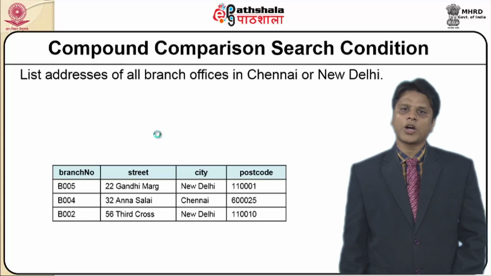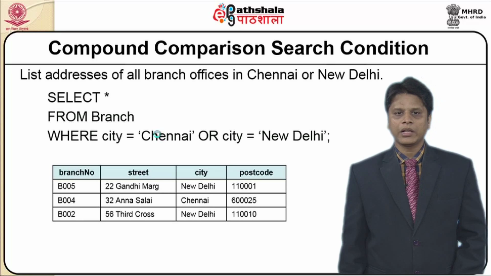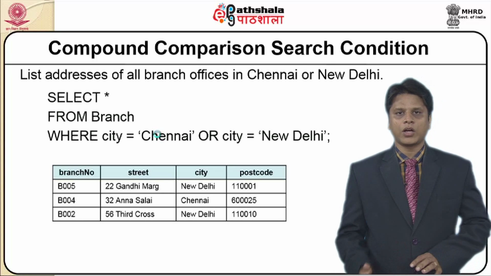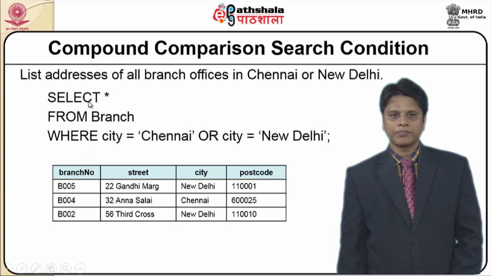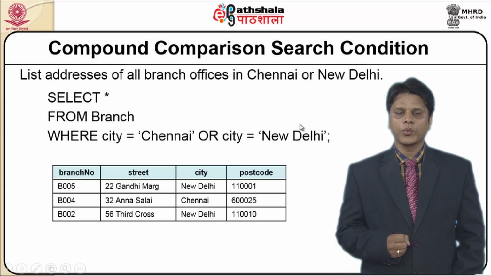Now we will go for a compound comparison condition where we want an either-or type. I wanted to select all the columns: select star from branch where city is 'Chennai', as I have indicated, given within quotes, or city is equal to 'New Delhi'. Any one of these values, city should be Chennai or New Delhi, should be taken, and all the rows and all the columns are to be listed.